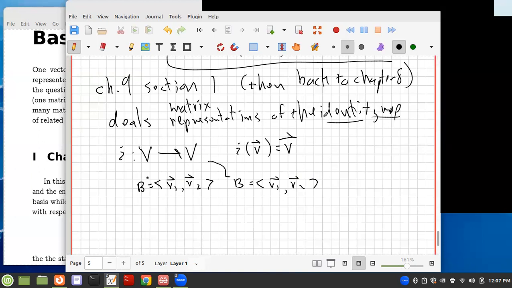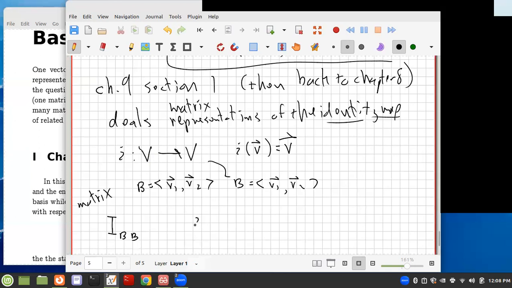So what is the identity map? The identity map just takes every vector to itself, right? So the question is, what's the matrix representation of the identity map? Let's just go through and find the basis action of the identity map.